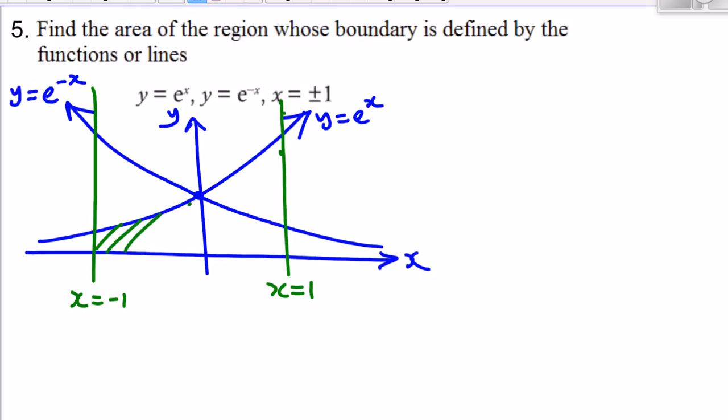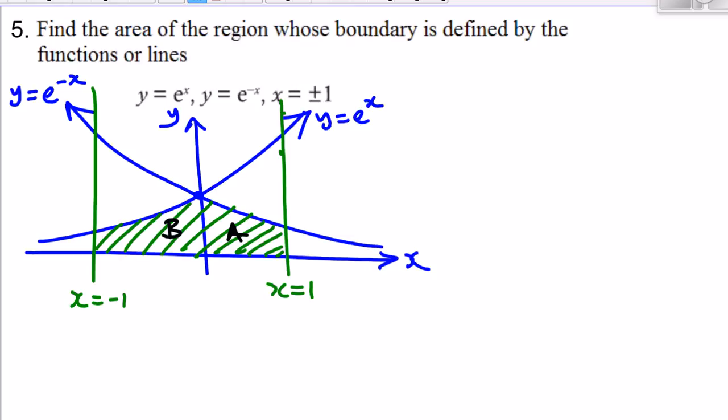So the area that we are interested in, what I'll do is this. This area is equal to that. So I'll just find out the area of A, double it, to find the total area of these two regions, A and B.